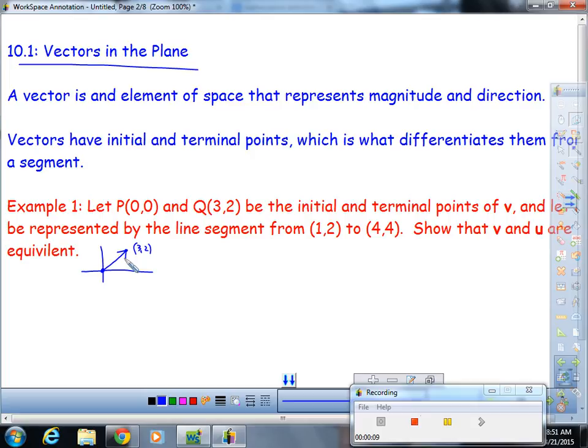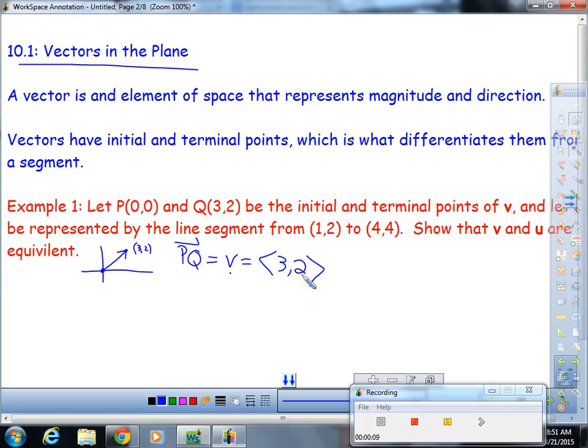So we could say that vector PQ, so here's one way to write a vector. Another way is to call it little v, and that is going to be, and here's another way to write it, <3, 2>. That indicates we go right 3 and up 2 from its original point.